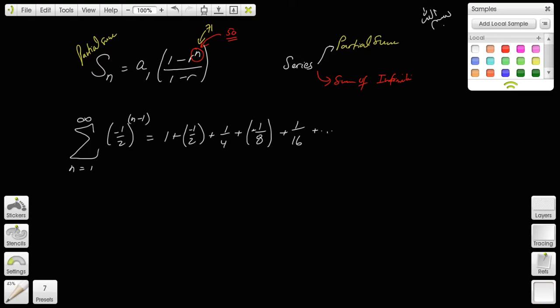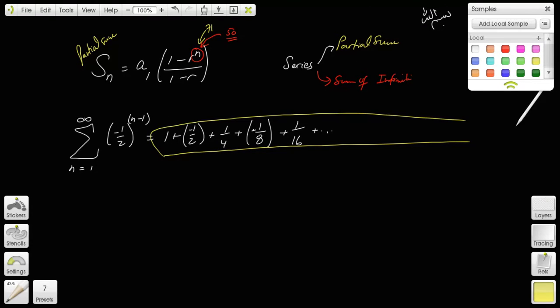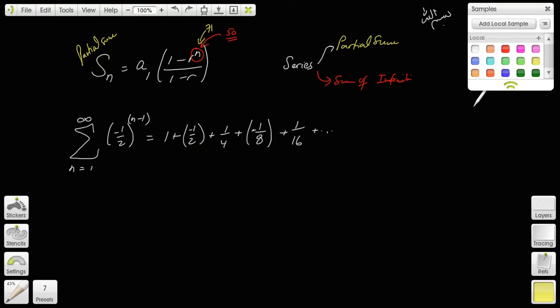Now, the interesting thing is, what if somebody said, I want the sum of the whole series, all of it? You would say that's impossible, the series goes on forever and ever. But actually, even though the series goes on forever, you can find the sum of all the terms of the series. And the formula is actually quite simple and quite elegant.